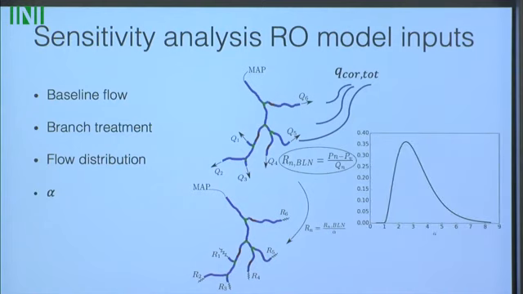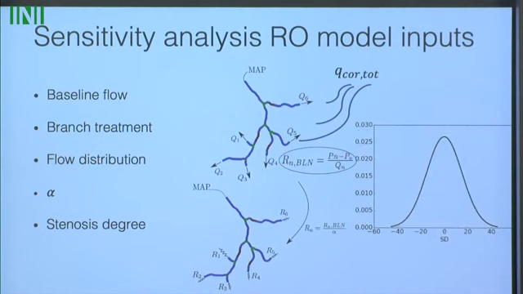Right, and then alpha is the factor by which the peripheral resistances are reduced when you impose adenosine. And for this we have found a reason to assume a certain PDF for the value.